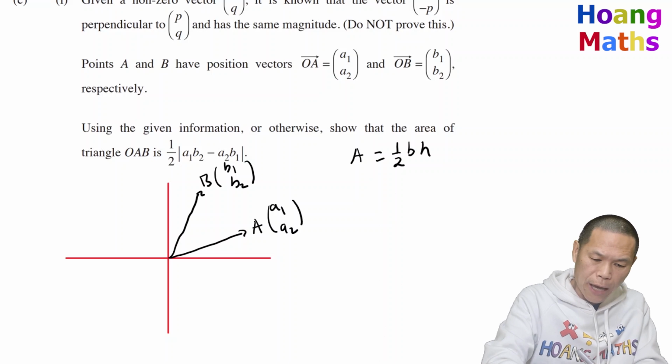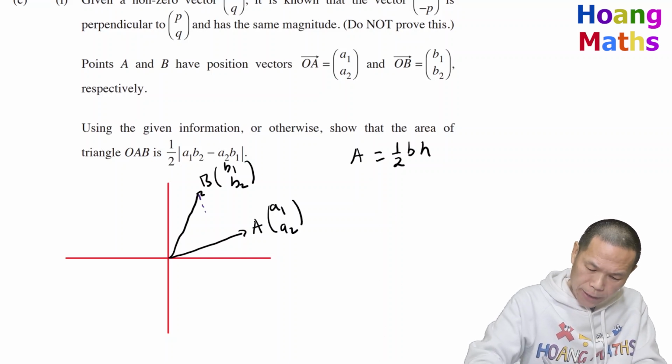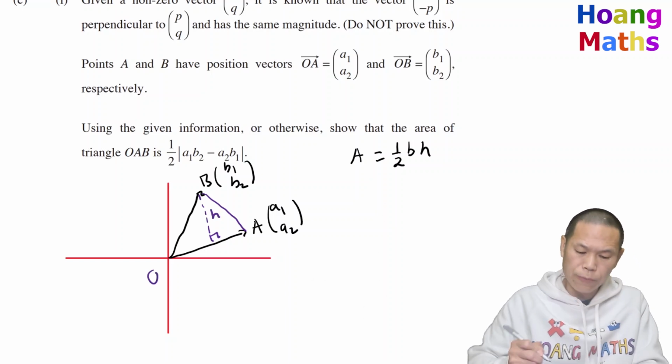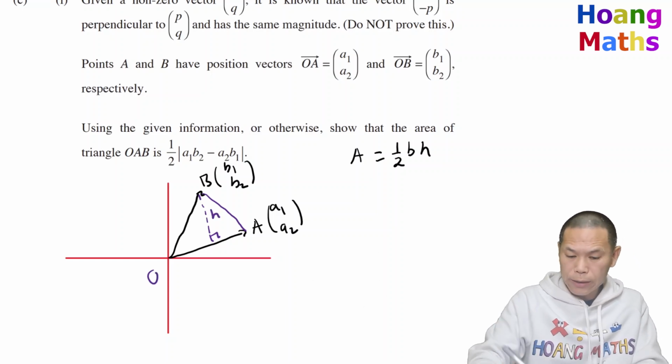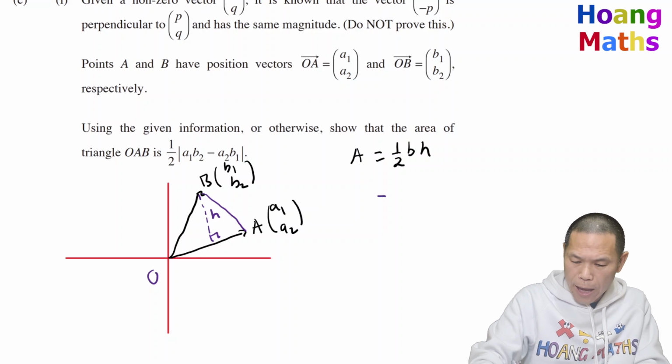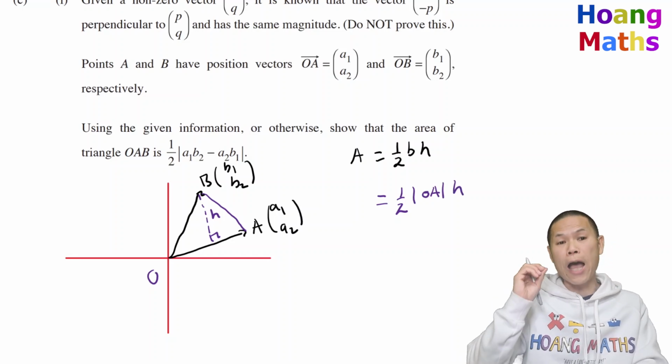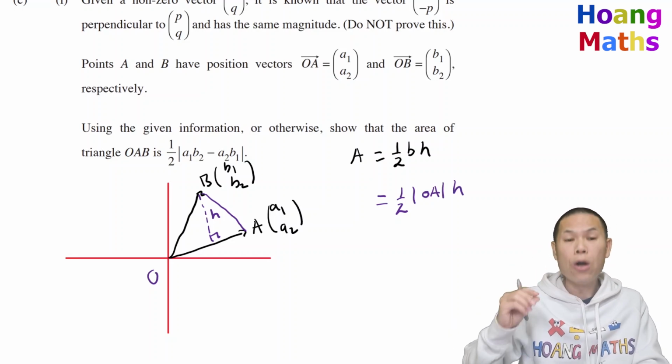So this is the height here, and this is O, and this is H, if you like. So the area is a half of the base, that is the magnitude of OA, times height. And we know that height is perpendicular to OA.